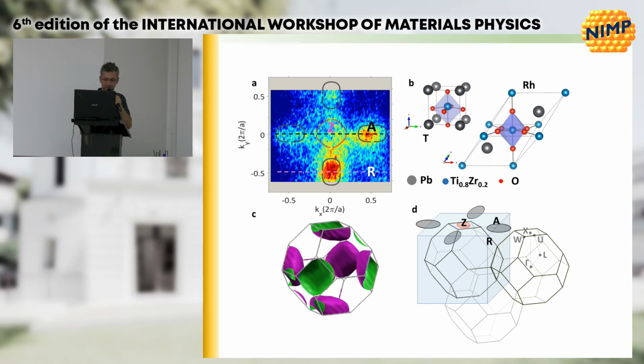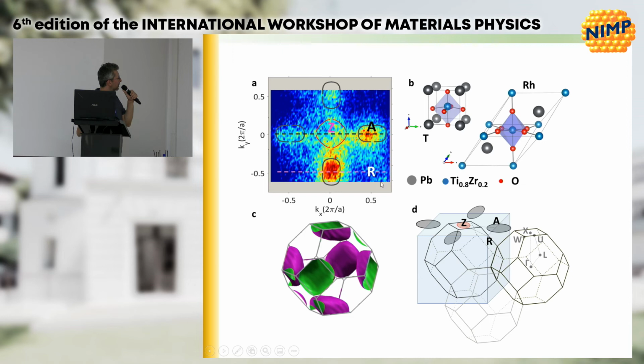To better see the association which we did, to explain the additional features as being due to rhombohedral distortion, we see that the feature basically originates in a folding of the fundamental band structure into the Brillouin zone corresponding to the low symmetry one.